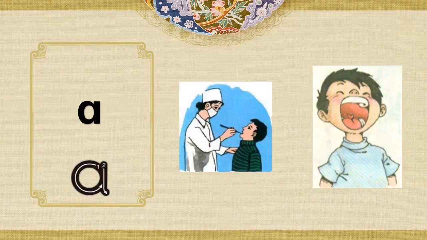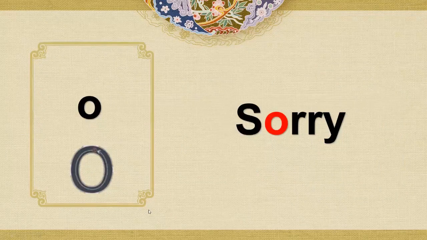Okay, this is the first one. The second one is O, O, O. It sounds like the O from the English word sorry. Just remember, when pronouncing O, you have to round your lips.